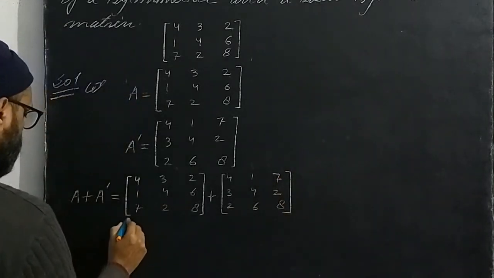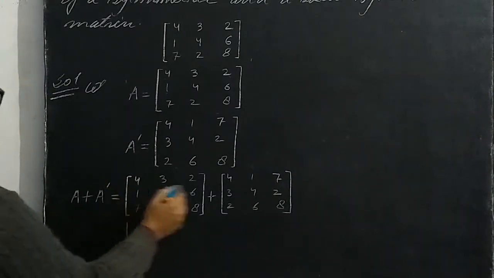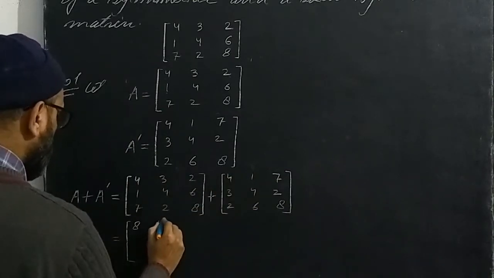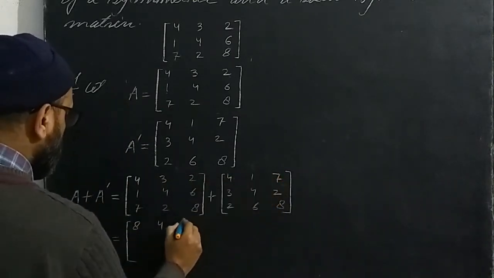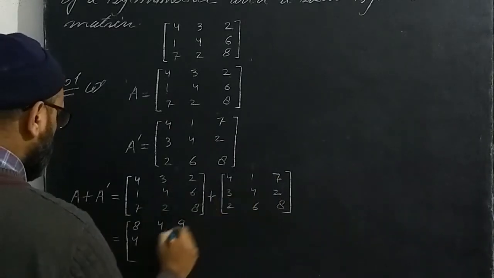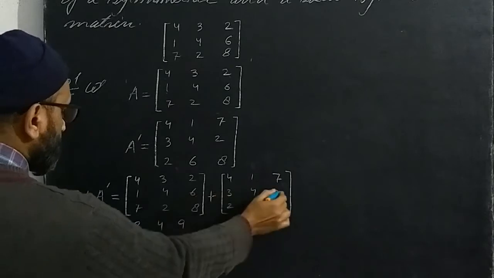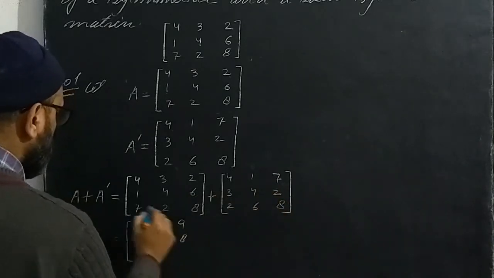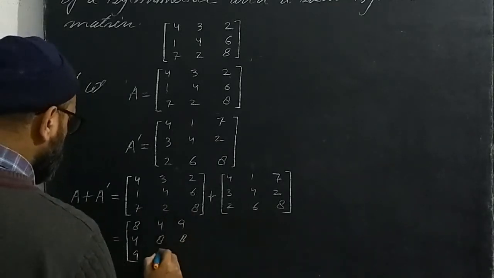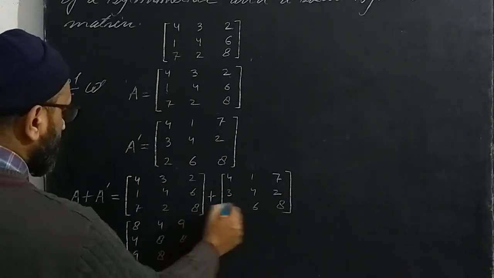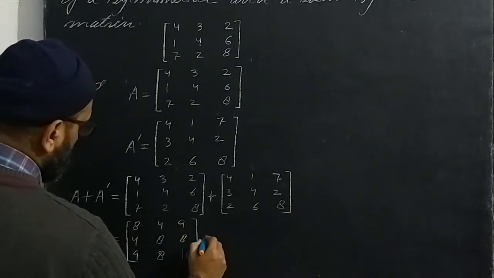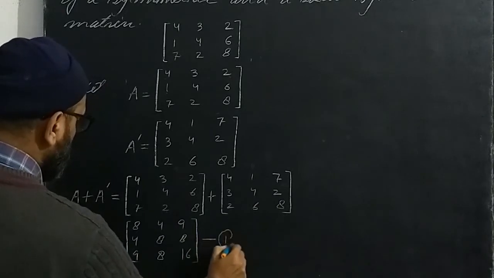So adding these two matrices, we get 4 plus 4, 8, 3 plus 1, 4, 2 plus 7, 9, 1 plus 3, 4, 4 plus 4, 8, 6 plus 2, 8, 7 plus 2, 9, 2 plus 6, 8, and 8 plus 8, 16. Let it be equation number 1.